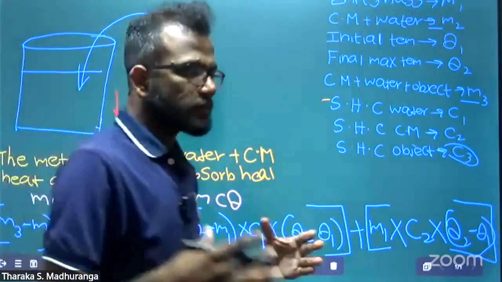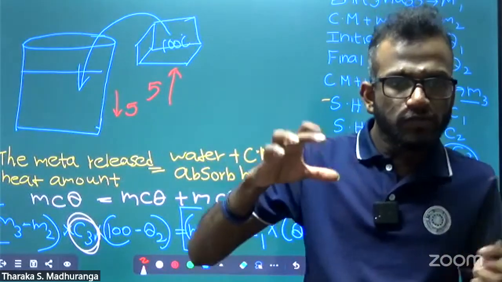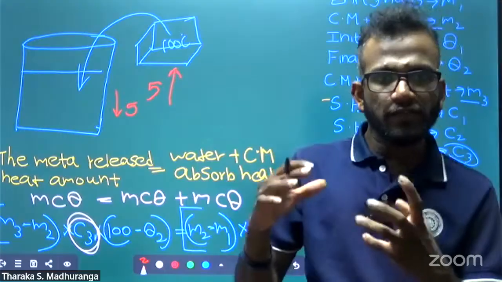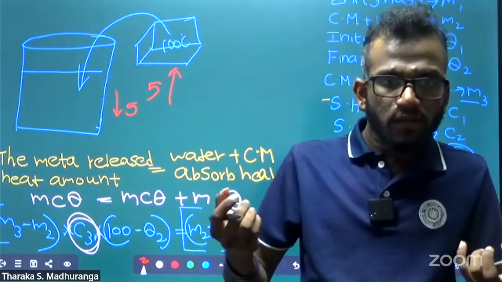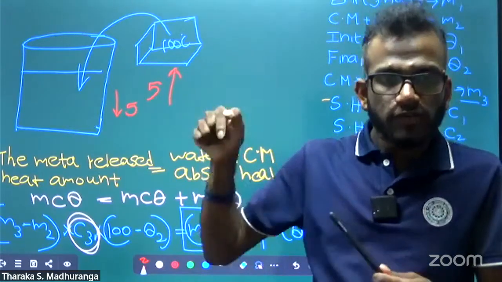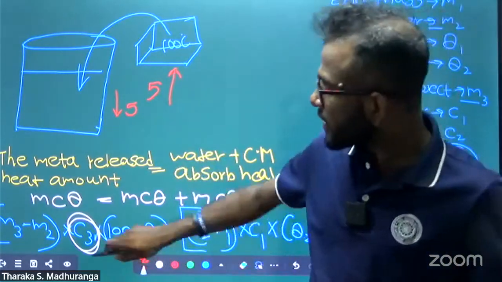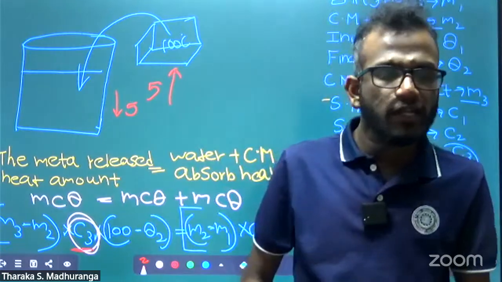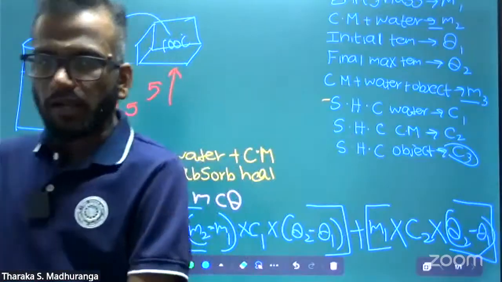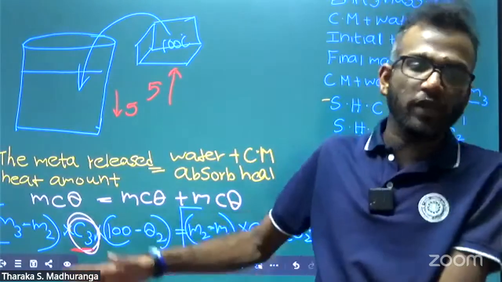Avoiding heat loss is very important, because in our calculation we assume there is no heat loss. But in the practical, if there is any heat loss, we will not get the correct value for the specific heat capacity of the unknown metal piece. Therefore, if we minimize the heat loss, we can get a more accurate answer.